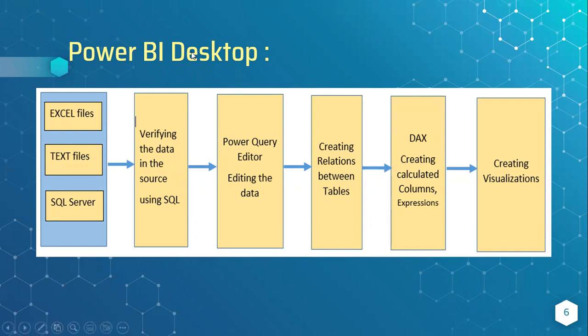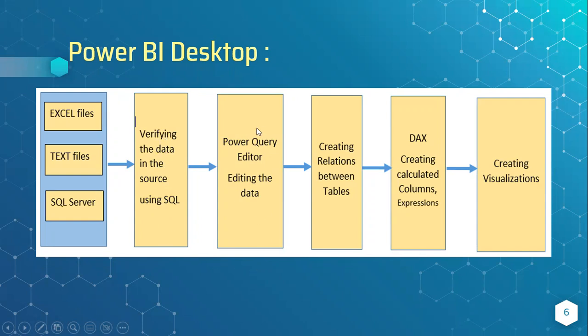Okay. So in this diagram, I am showing the sequence of activities we will follow for creating visualizations using Power BI desktop. Left side, you can see different types of files and databases. First step, even before going to Power BI, we need to verify the data at the source level using SQL.